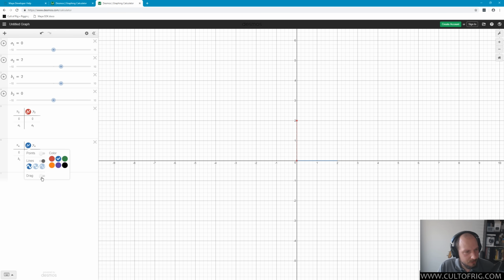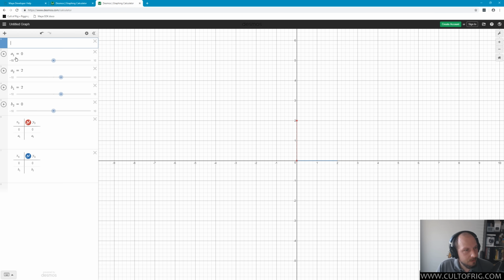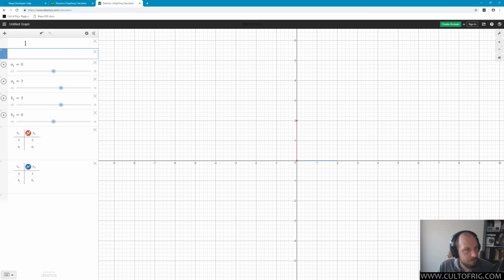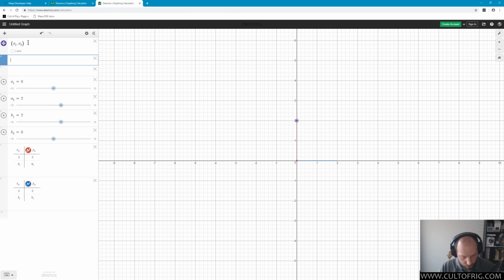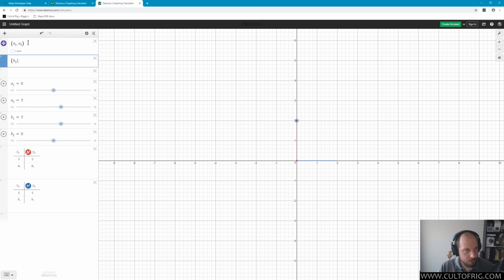So lines, no points. Now I remember why I was doing things the way I did. Two expressions. So we're gonna go for one composed of A1 and 2 and another one composed of.